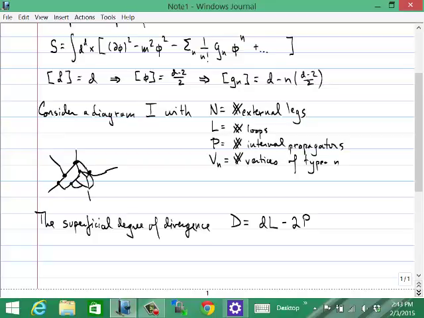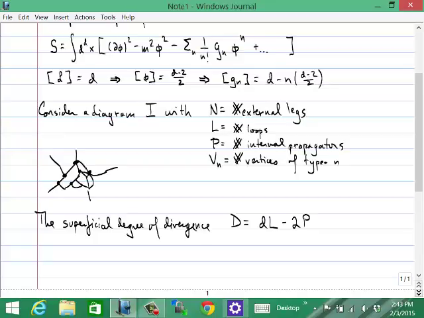And so what we did last class is we explicitly thought about the types of vertices that were allowed in quantum electrodynamics and used that to compute D and to categorize which types of diagrams were divergent and which ones weren't.